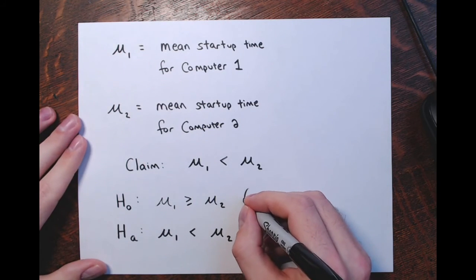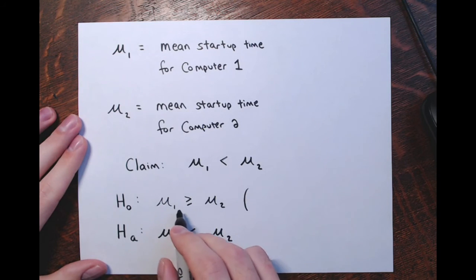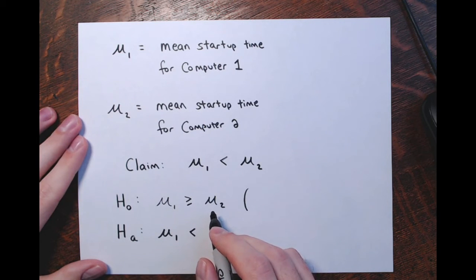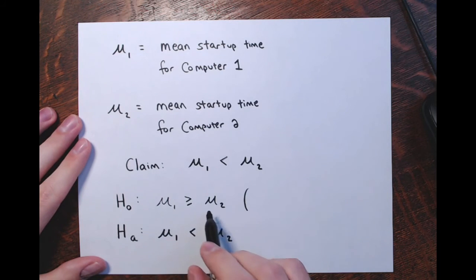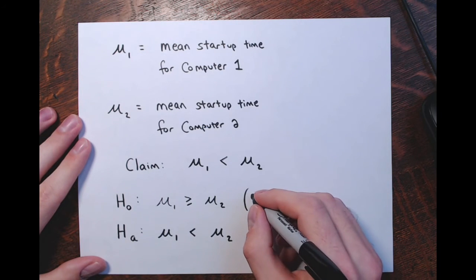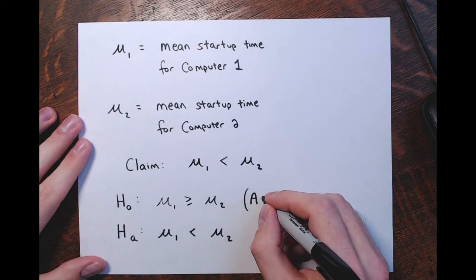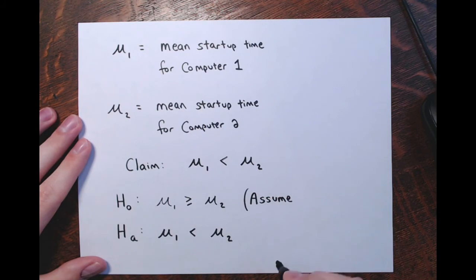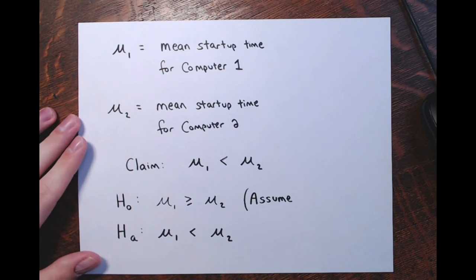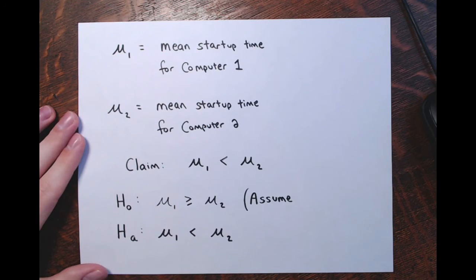Now, again, that's a perfectly valid null hypothesis. But remember, most times we're going to use just what's being assumed later, when we actually do more steps. For right now, this objective is only on this first step, setting up the hypotheses.